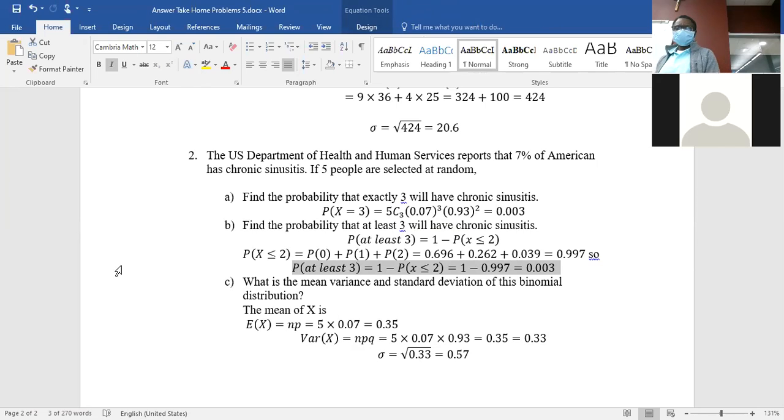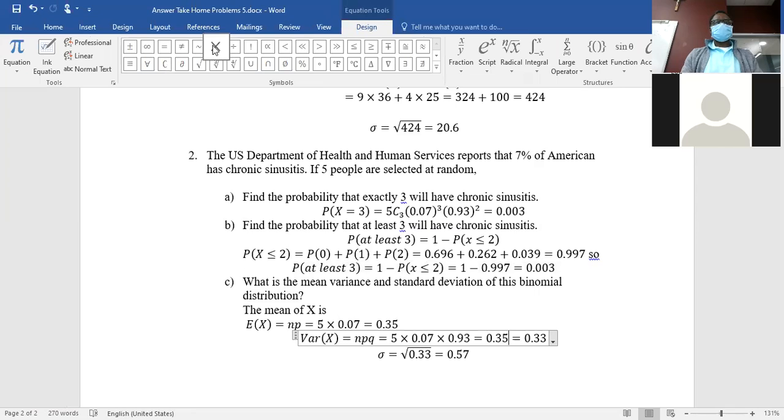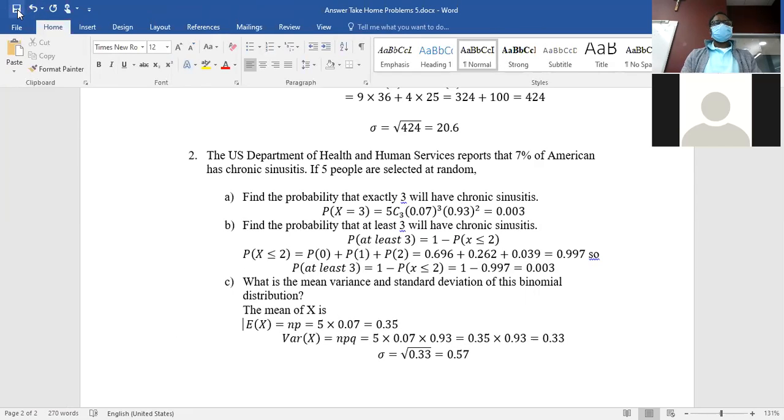The variance is NPQ, which is 5 times 0.07 times 0.93. Any questions so far?